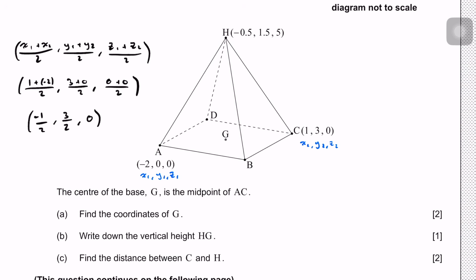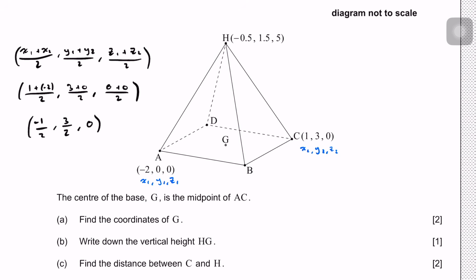The conceptual way is if we have a right pyramid, we know that the midpoint is going to be right underneath the vertex. So if we know the x, y coordinates of our vertex, we know that this midpoint on the base is going to share both these x and y coordinates. That is to say, negative 1/2 and 1.5, or negative 1/2, 3 over 2 being 1.5.